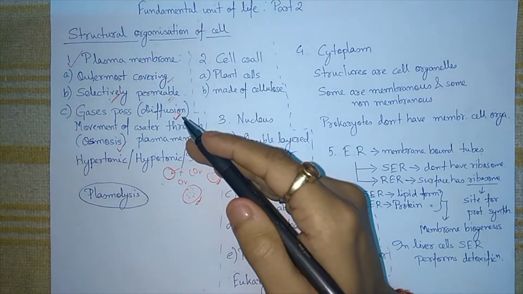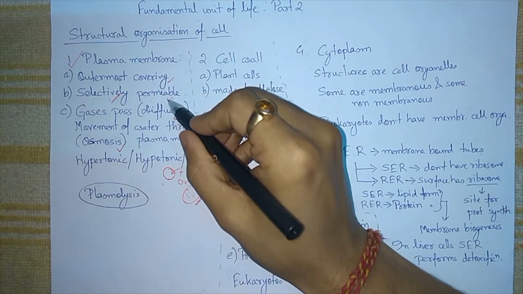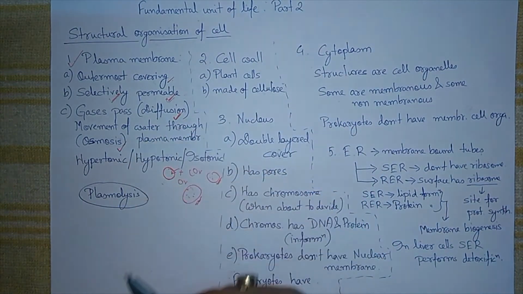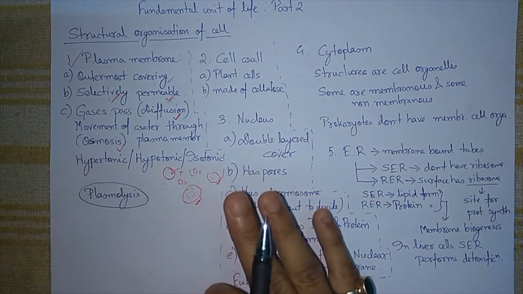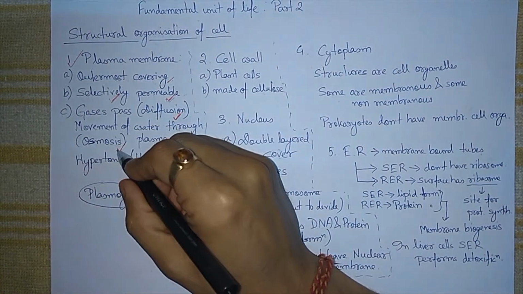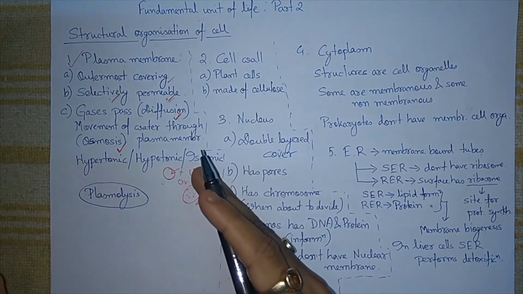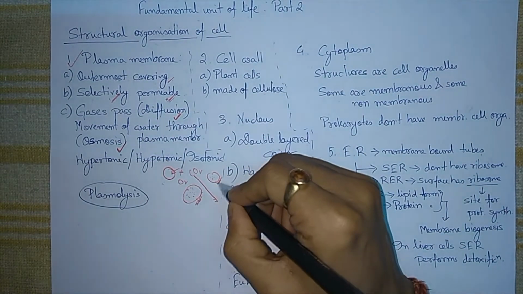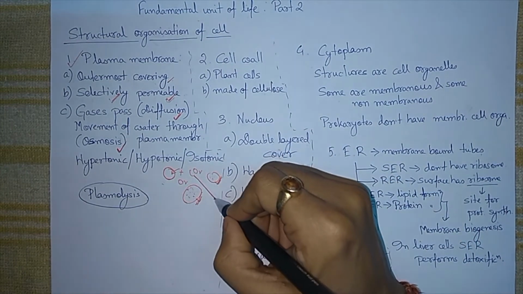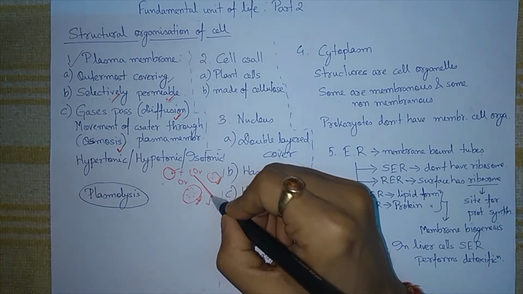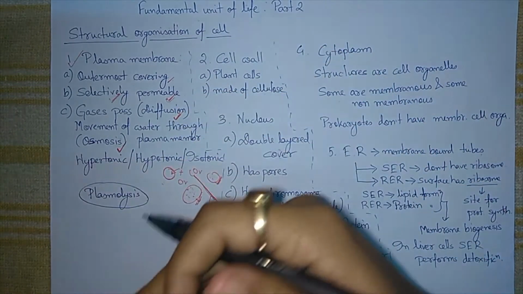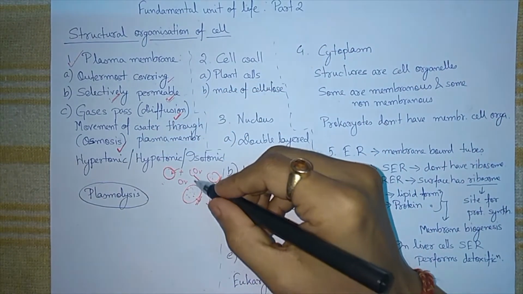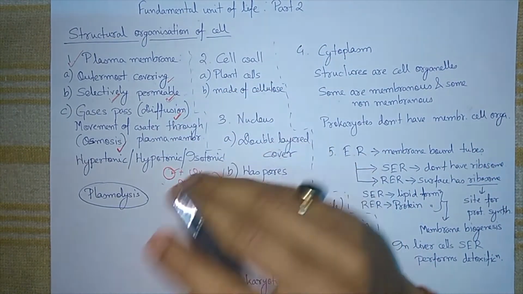Diffusion may occur through any membrane or through any clear space. But in case of osmosis, water moves through a semi-permeable membrane, from higher to lower concentration region. But in case of diffusion, you will not get any kind of selectively permeable membrane.